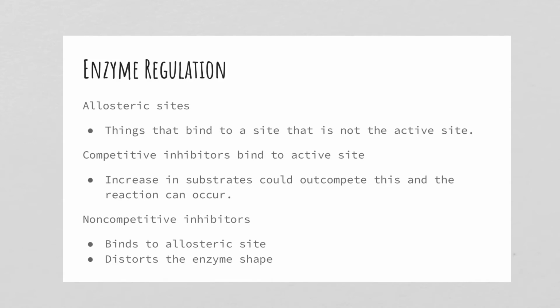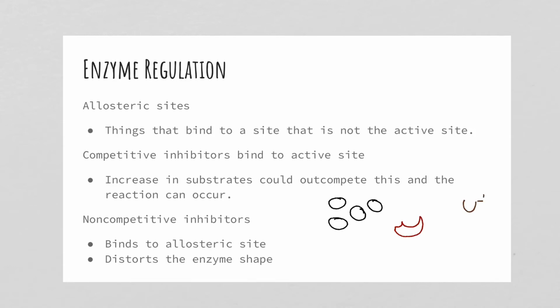We have the competitive inhibitors. They're going to bind to your active site. What's interesting with a competitive inhibitor is that, let's say here's your substrate, here's your enzyme. I'm going to make it really easy, something like that. And you have substrate that fits in there, big circles. And then I'm going to make a weird inhibitor.